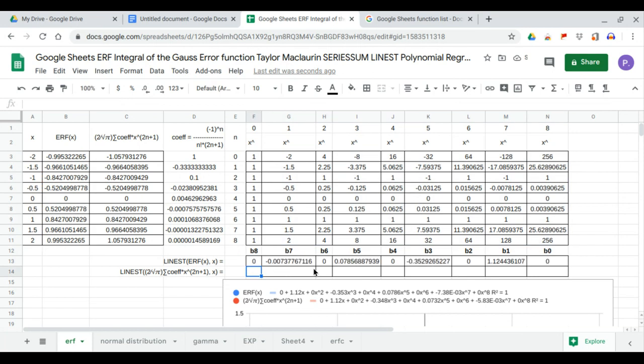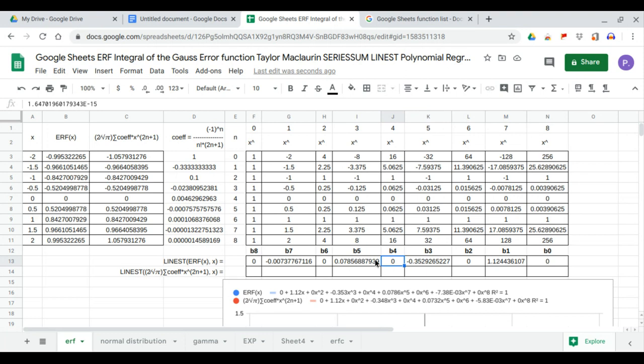You will notice B0 is 0, B1 is 1.1244, and it is 1.12. B2 is 0, B3 negative 0.3529, negative 0.353.